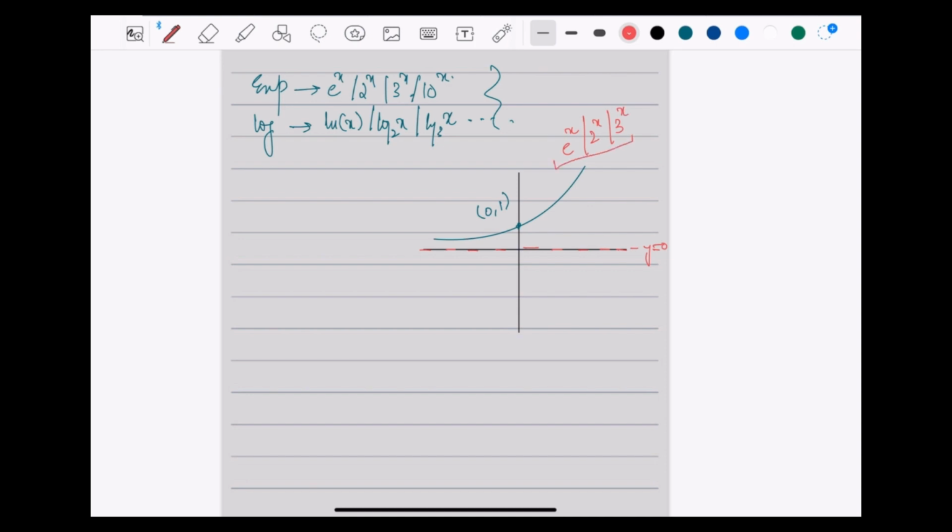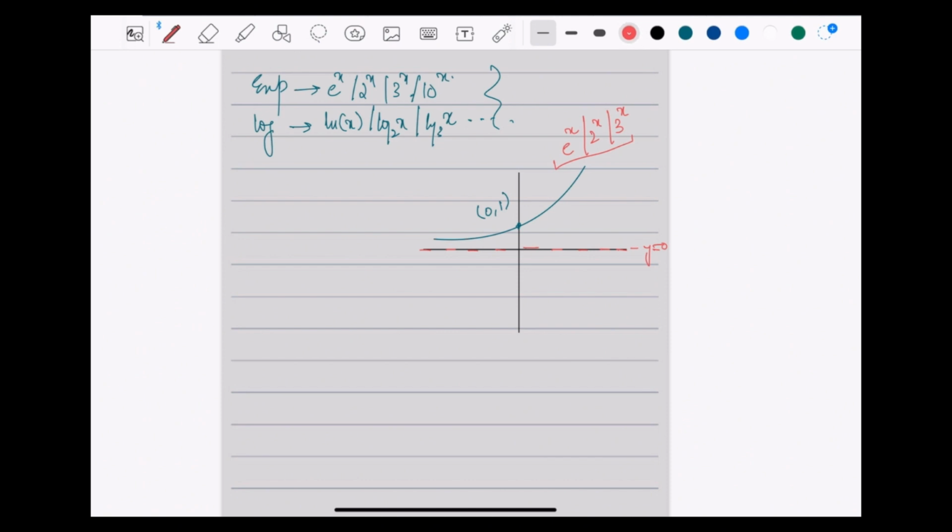Any exponential function may represent the same graph as long as it's just a sketch, because when it comes to sketching, all you need to keep in mind is the shape of the curve as well as the intercepts. So all of them will have the same intercepts and the same shape of the curve. But if you draw them on graph paper, you will see small differences. Those differences are irrelevant when it comes to sketching.